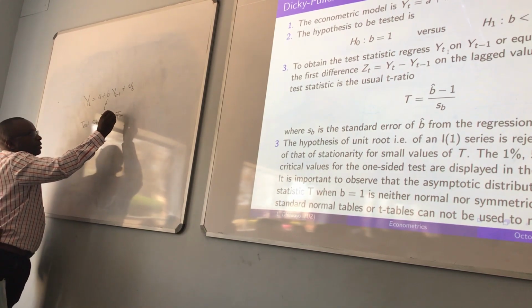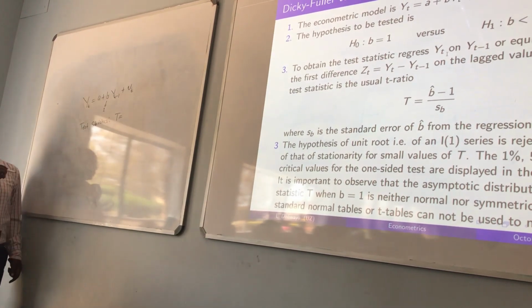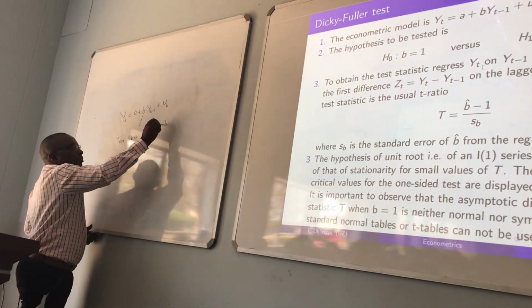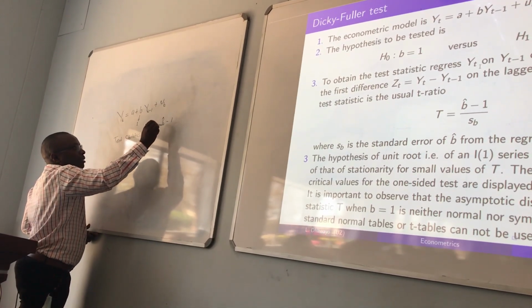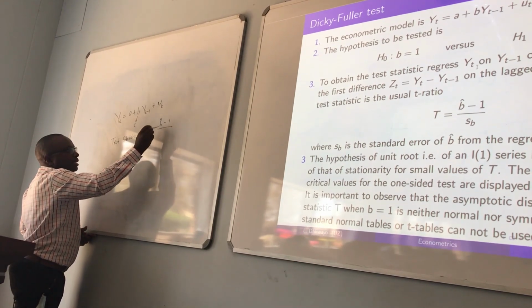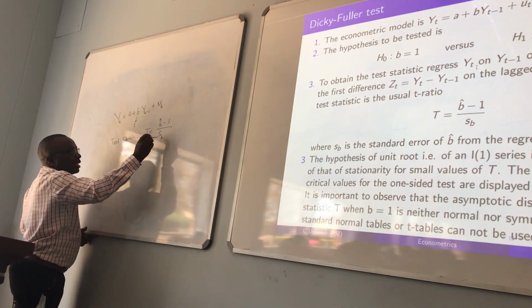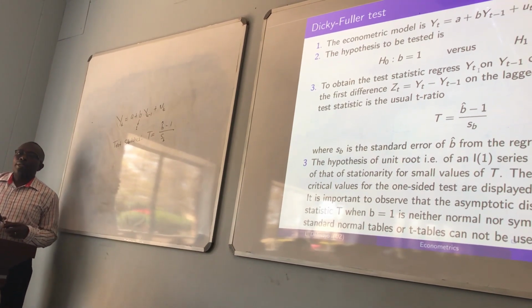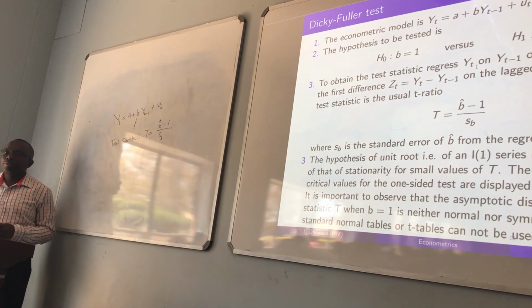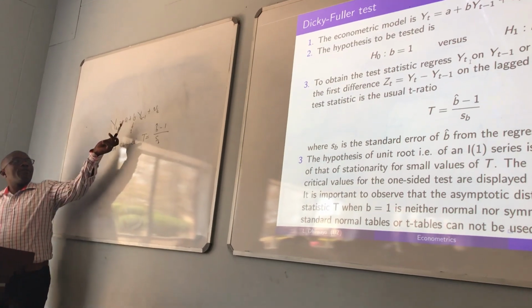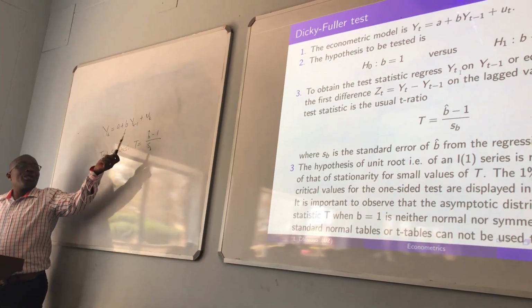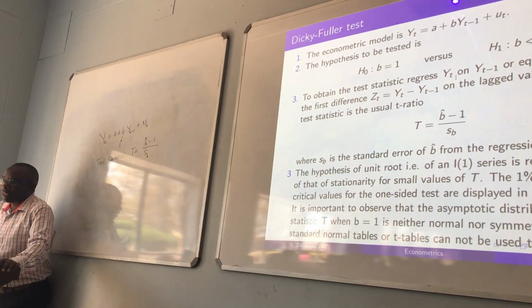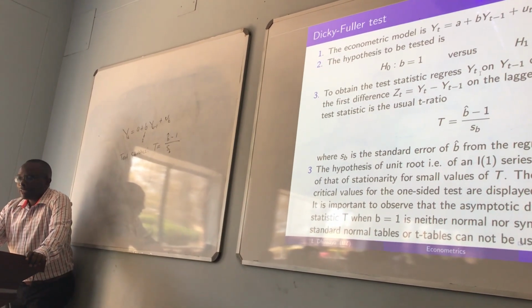t is equal to our estimate from the regression, beta hat minus 1, divided by the standard error of beta hat, SB. Are we together? So when we have the standard error, you can obtain the t, where SB is the standard error of beta hat from the regression.